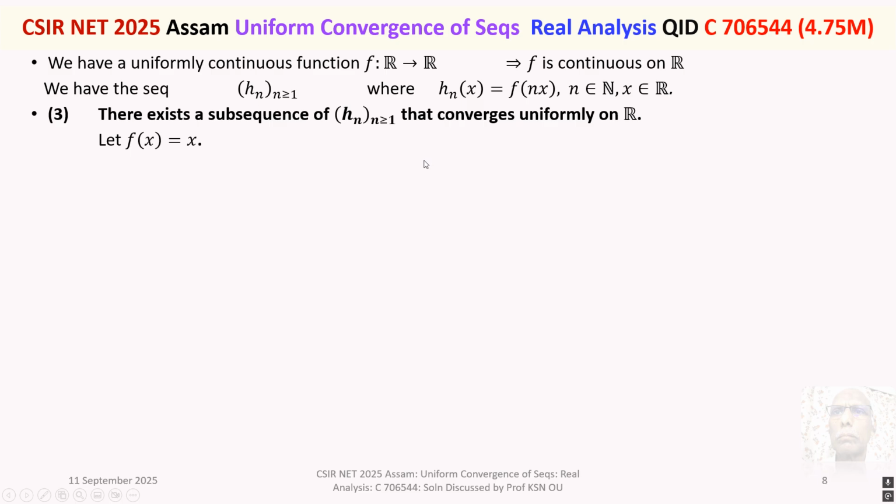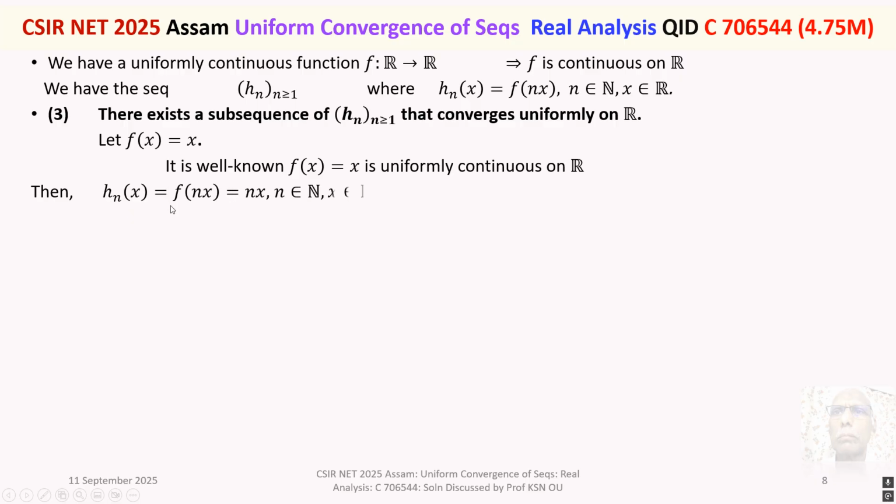After seeing this h_n(x) definition, f(nx), this is the counter example we can think of. Let f(x) = x. Yes, it is uniformly continuous. It is well known. It is an identity function, uniformly continuous on R. Agreed.